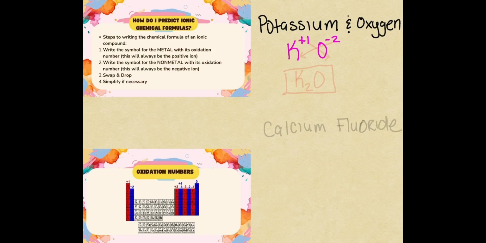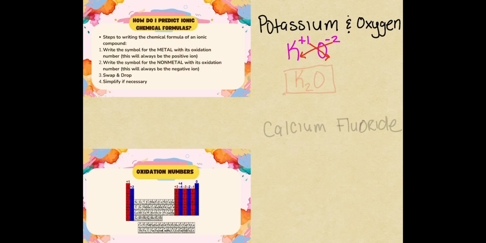Now, when I do the swap and drop, I am going to take my arrows. I am making arrows showing you exactly where that number should be next to that element symbol. Please make sure that you're following the arrows. And when you drop your oxidation numbers down as subscripts, you are not bringing the charge.